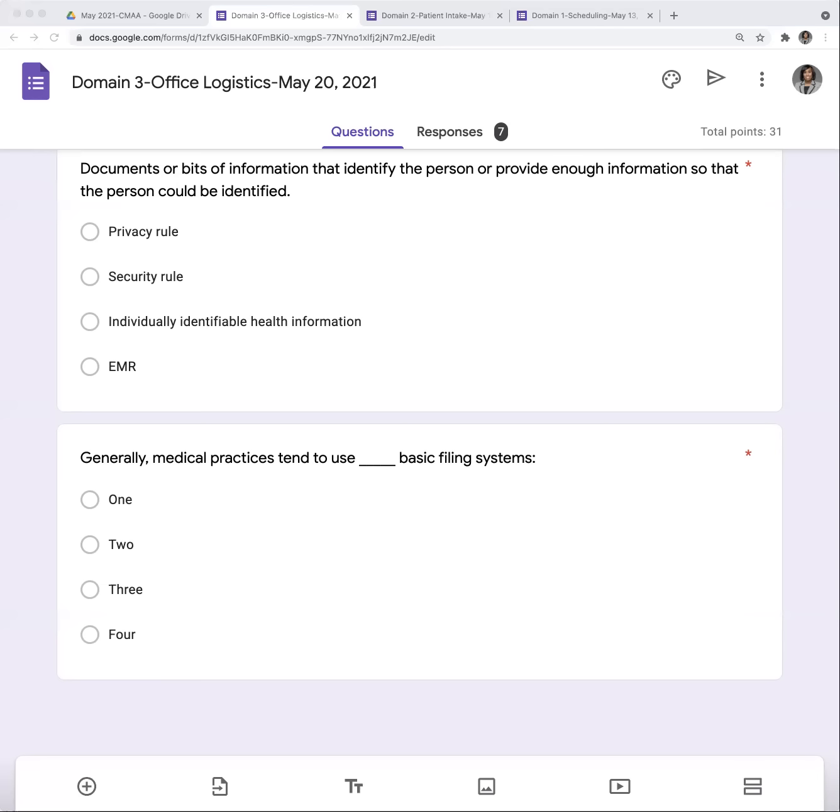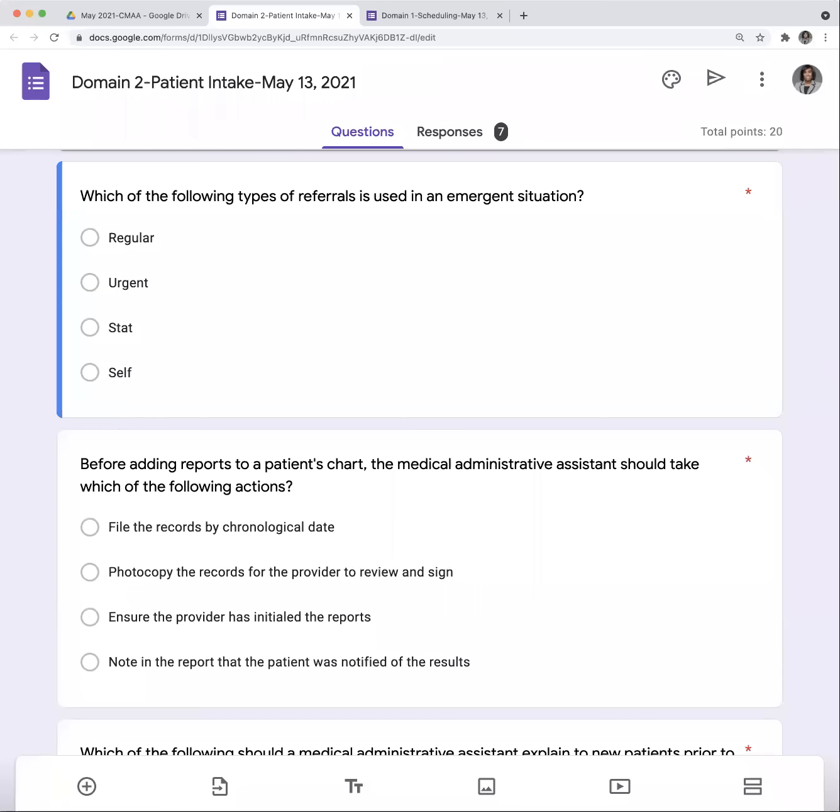All right, on to patient intake. Which of the following types of referrals are used in an emergent situation? It is that.